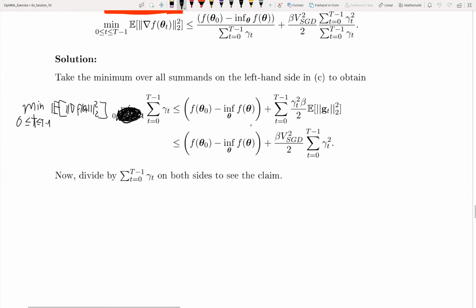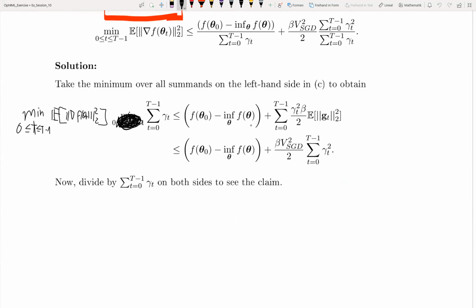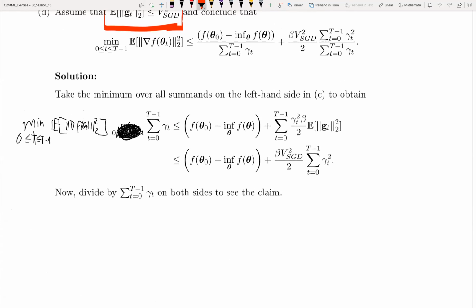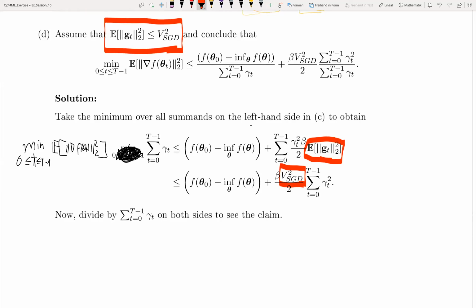And this value can be expressed as the minimum here. All right. And then on the right-hand side, we simply use that this here is bounded by this, and we end up with such an inequality. Now, we divide on both sides of the inequality by the sum over the step sizes we use.